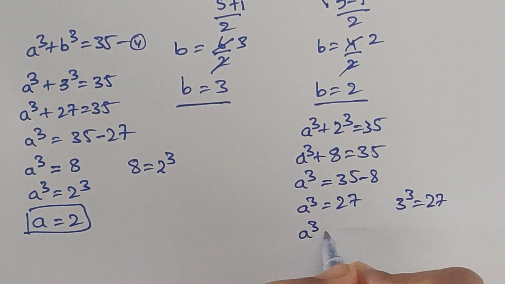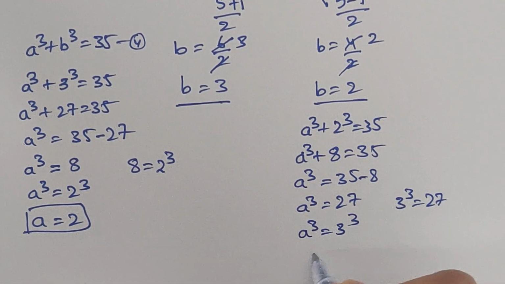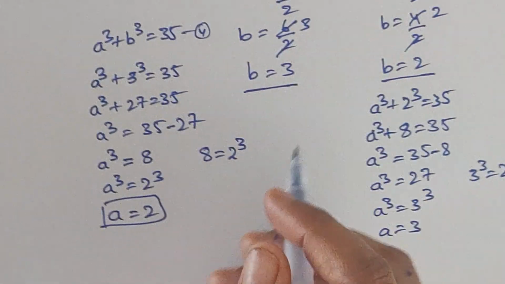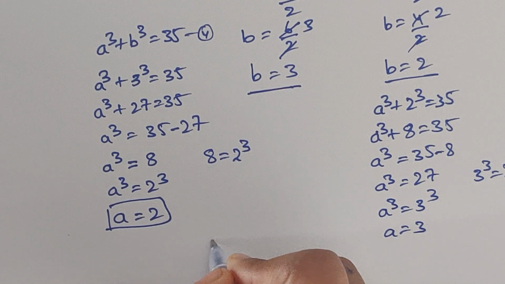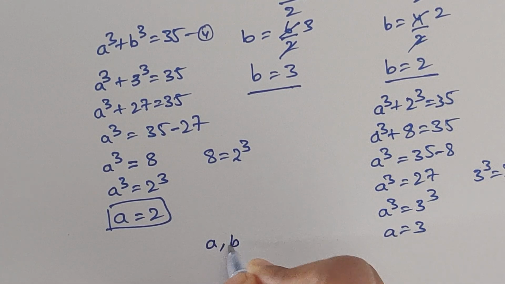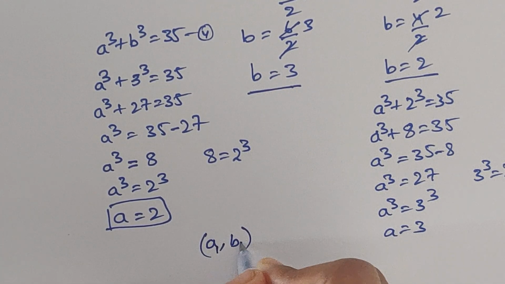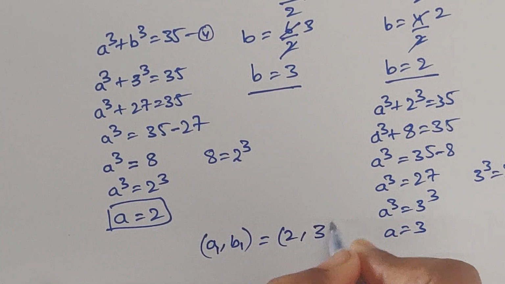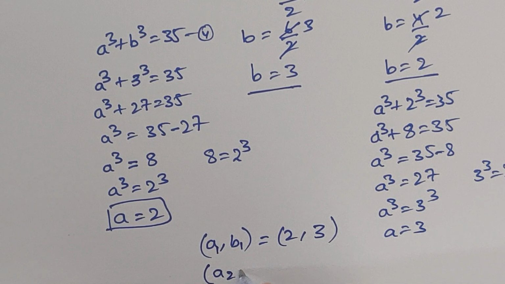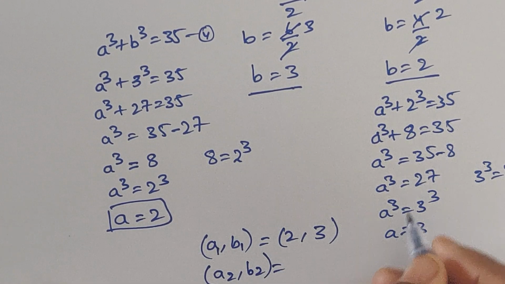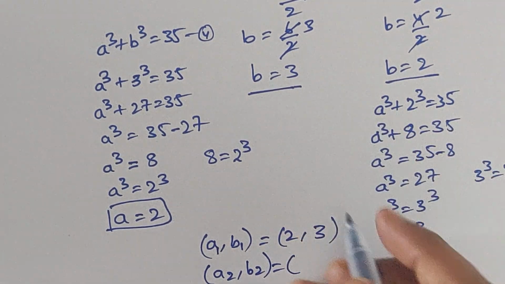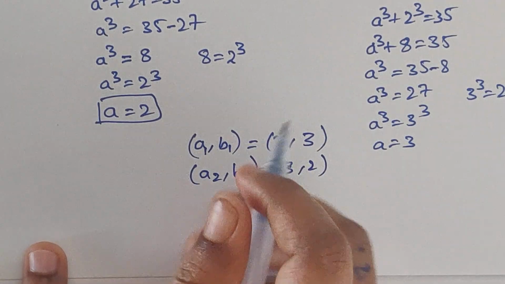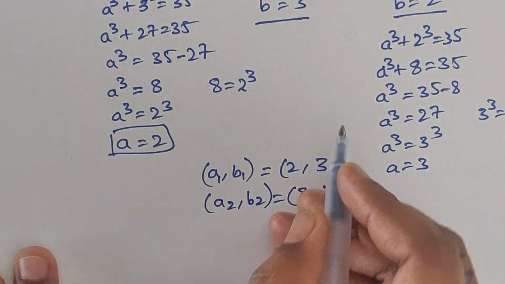So a cube equals 3 cube, so a equals 3. So we got two solutions, a comma b. So a1, b1 equals 2 comma 3, and a2, b2 equals 3 comma 2.